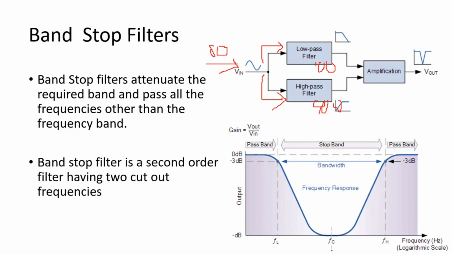These two frequencies feed into these two blocks. The low pass filter is passing lower than 100 hertz, so it will pass the signal.